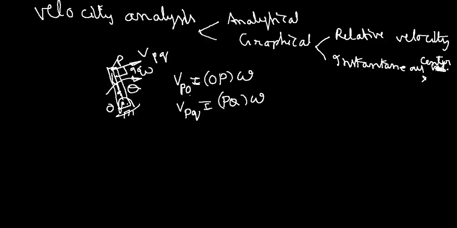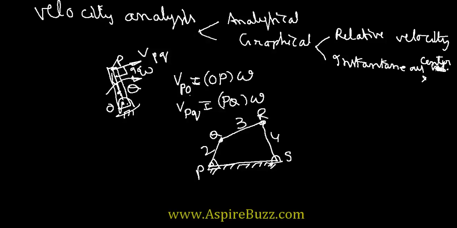So what is this relative velocity method? Relative velocity method means, for example, when you want to analyze a 4-bar mechanism in which link 1 is fixed, and there are link 2, link 3 and link 4. Suppose I take these as point P, point Q, point R and point S. If I want to find the velocity of point R with respect to P, this is what is known as the relative velocity method.